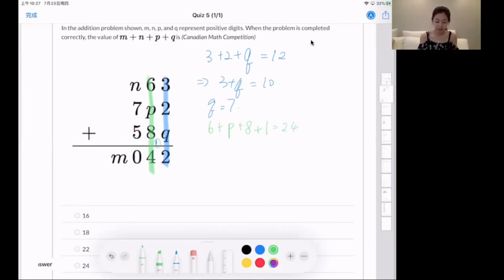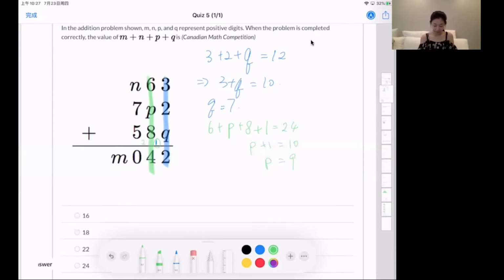So p equals 9, and we carry 2 over to the hundreds digit.